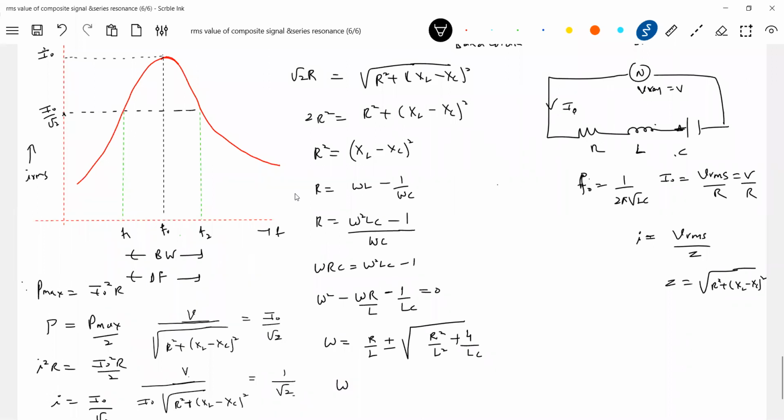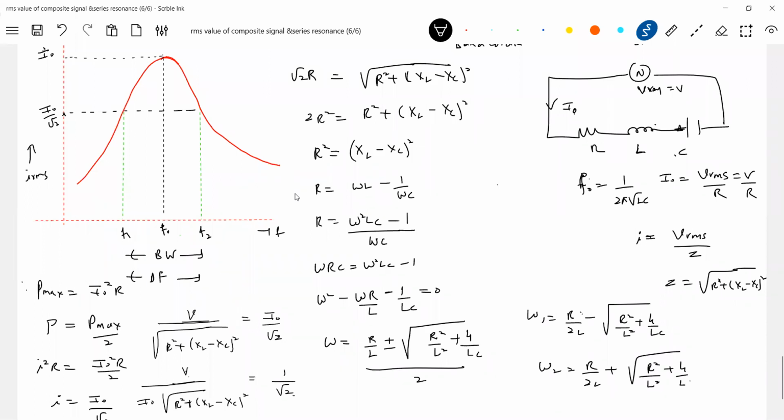So one angular frequency I'm going to get, omega 1, is R by 2L minus the root term. The other frequency will be R by 2L plus the root term. So I got omega 1.